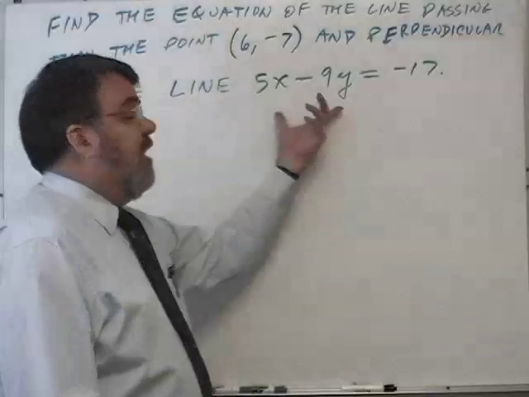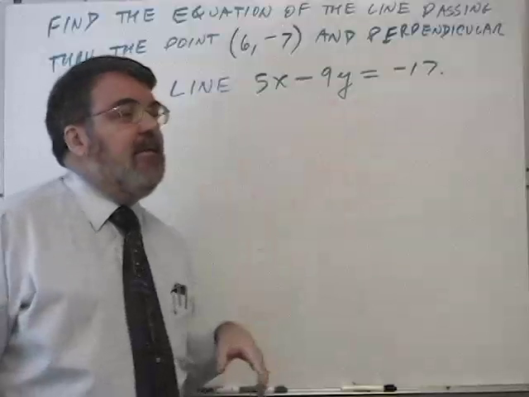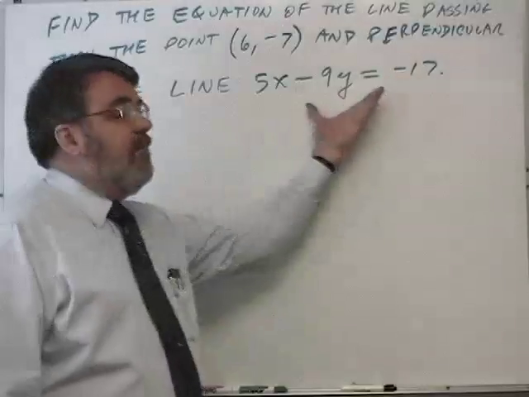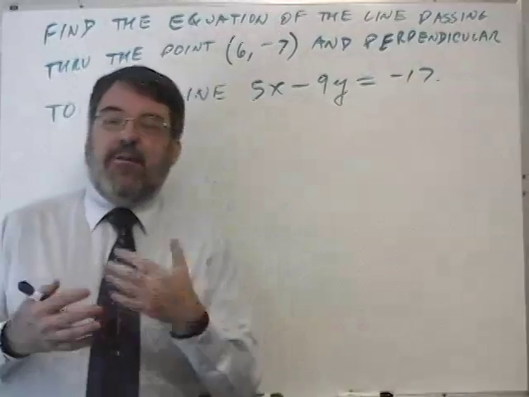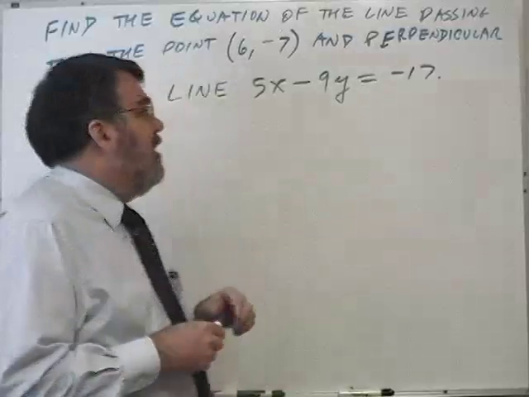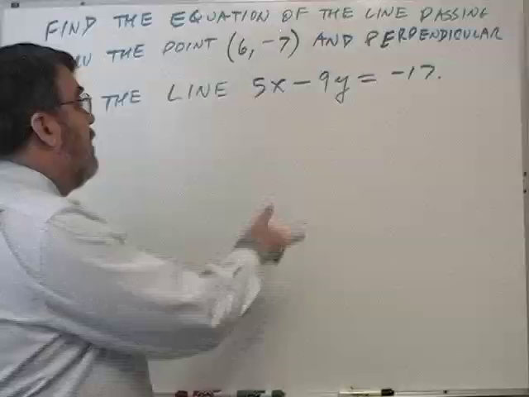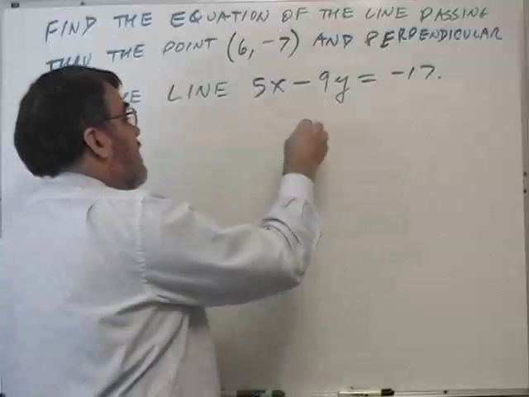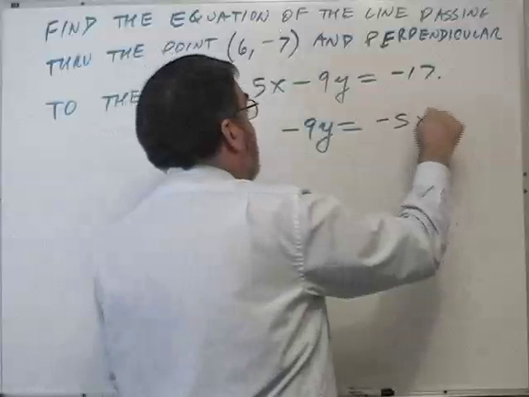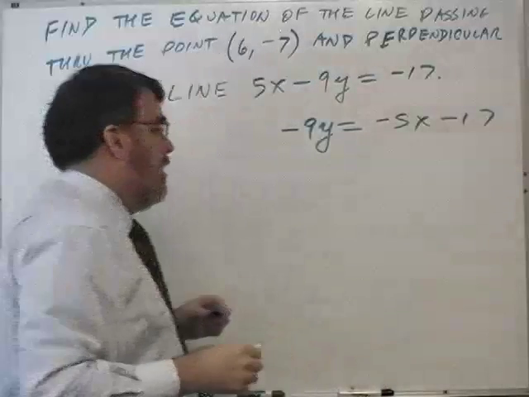Well, to find the slope of this line, I think probably the easiest thing to do is to solve for y. So if we rearrange this in the slope-intercept form, which is also the linear function form, then we're solving for y. I'm going to subtract 5x from both sides. It gives us minus 9y equals negative 5x minus 17.